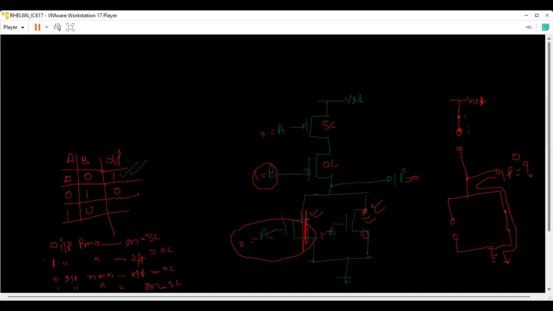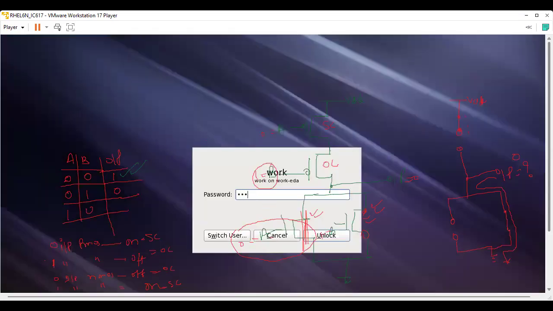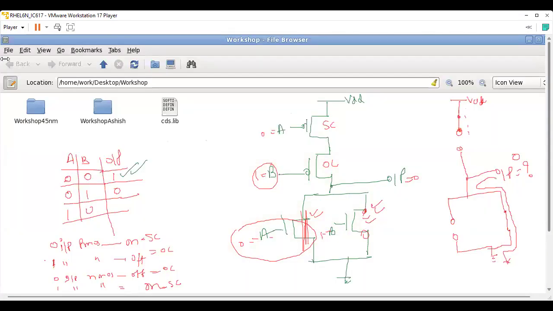Right? And in the case 1 1, these both will be open circuit and these both will become short circuit. Again, this will have a 0. So this more or less works as a NOR gate.